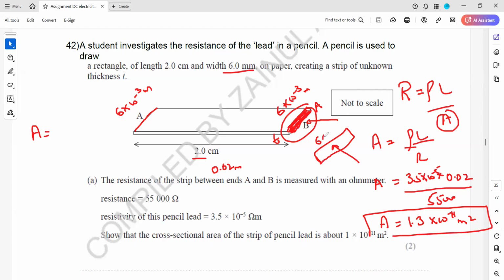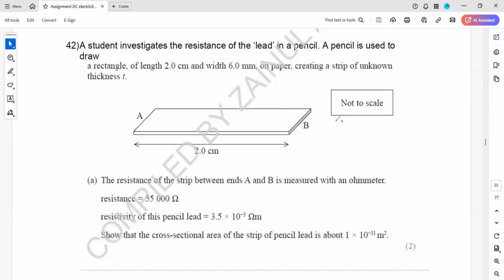So it will be 6 × 10^-3 times t. I have the area, so I can find the thickness. They did not ask for thickness, that's why I did not calculate. But if they ask, I'll use this dimension. So we always take the cross-sectional area through which the charges are entering the device or component.